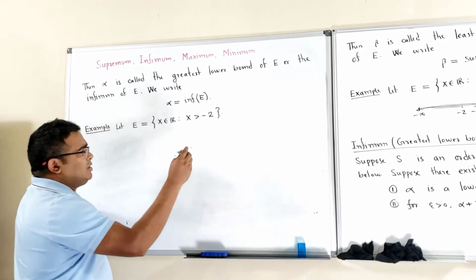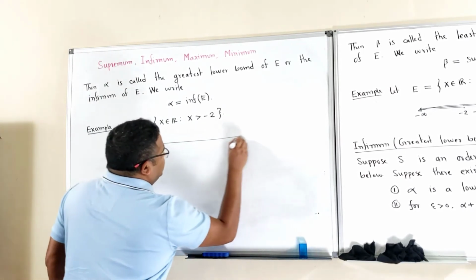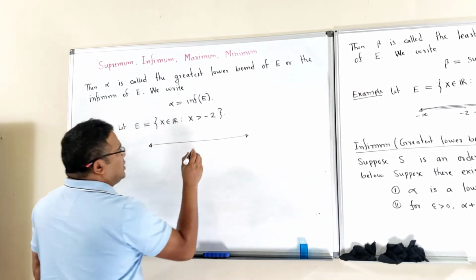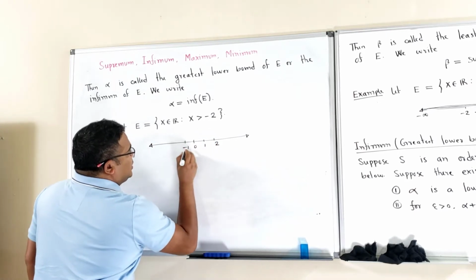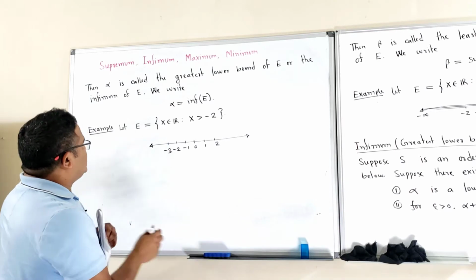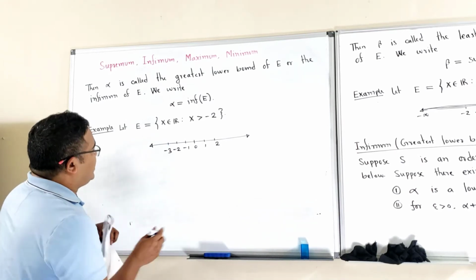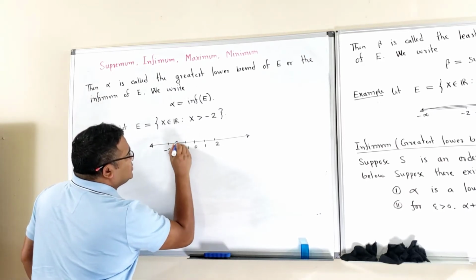If you draw the number line, this is 0, 1, 2, -1, -2, -3. So E is which part? More than -2. So it is more than -2.